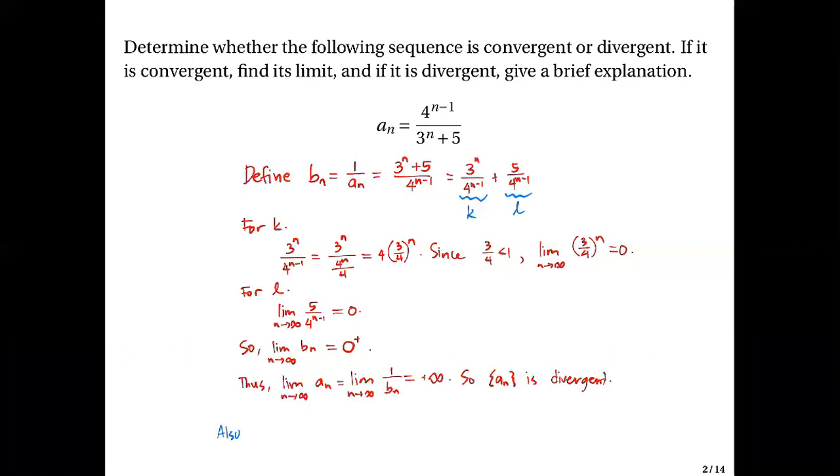Also, one can use L'Hopital's rule to show that the limit of an as n approaches infinity is also equal to plus infinity.